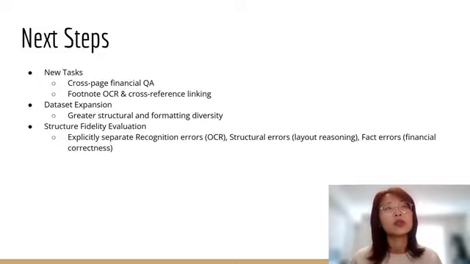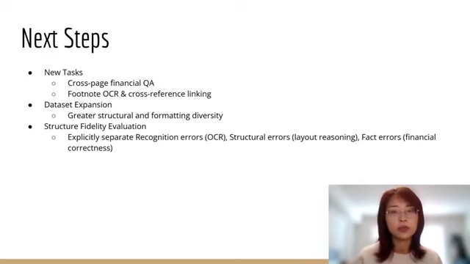And we also want to explore footnote OCR and its cross-reference linking, because the footnote is a very important part of a financial document. Sometimes much information is included in the footnote, but not in the main context.